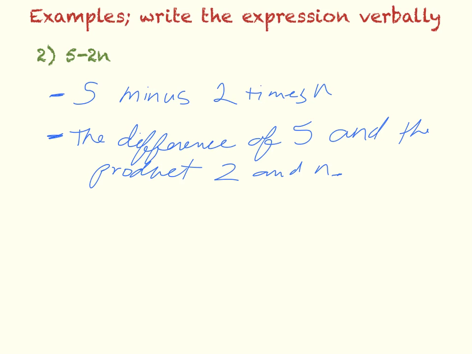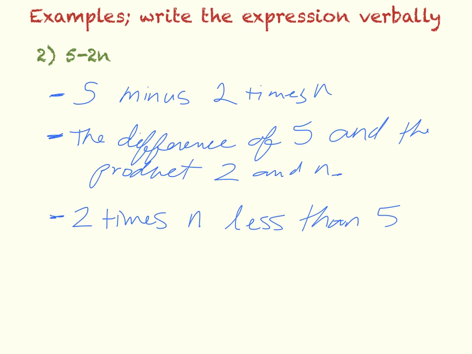Or you could write 2 times n less than 5. That's an acceptable way to write it because you're subtracting off the 2 times n. So there are a lot of different ways to write it.